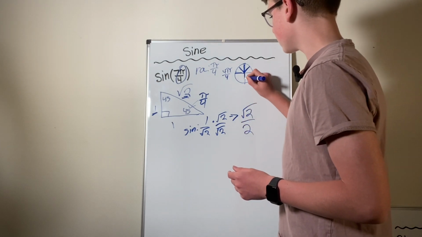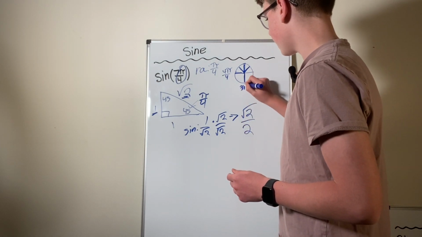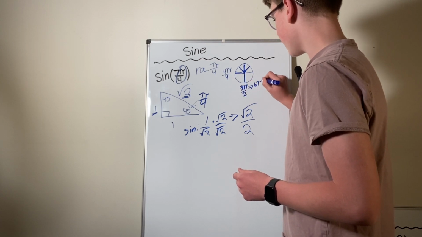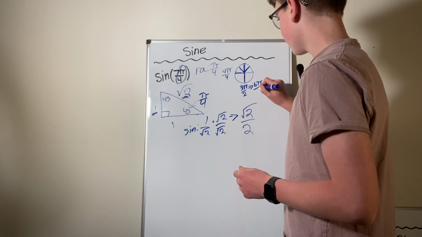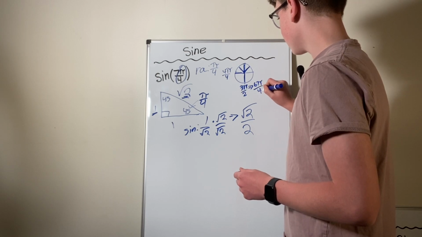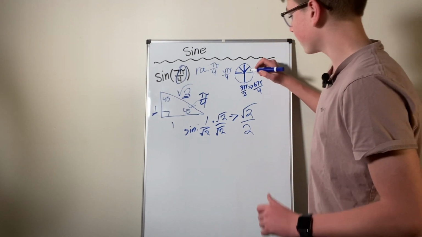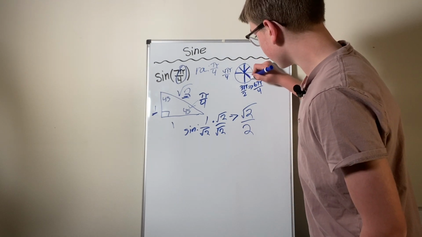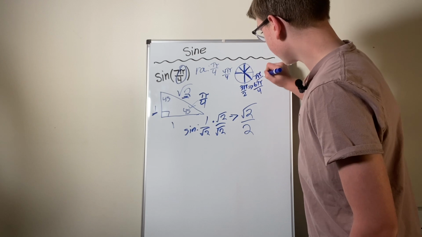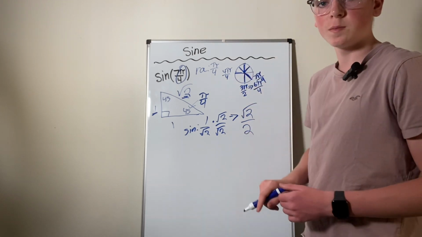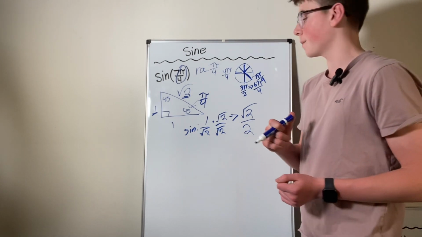So we know this is 3 pi over 2, which is equal to 6 pi over 4. So we're getting close. We just need one more pi over 4, and it would be this little angle here. So 7 pi over 4. And you'll know because 8 pi over 4 is 2 pi, so it's 1 pi over 4 away.